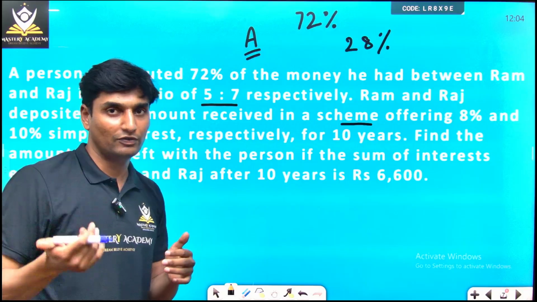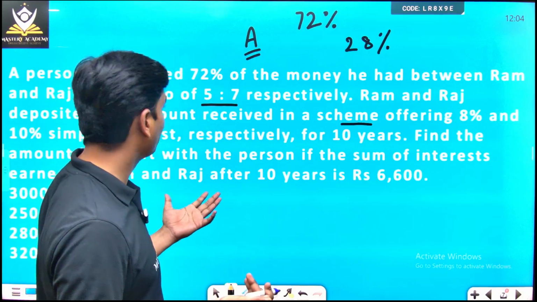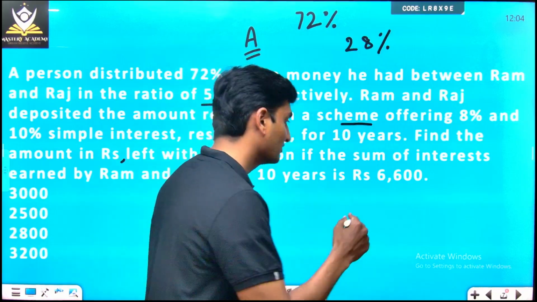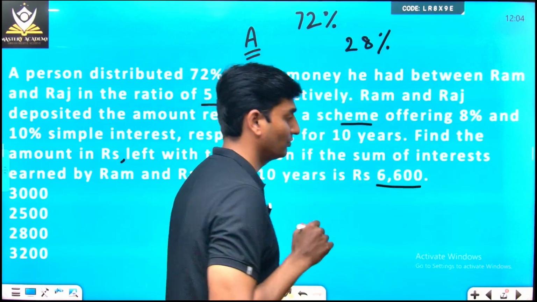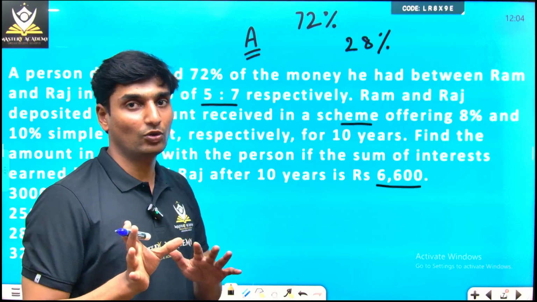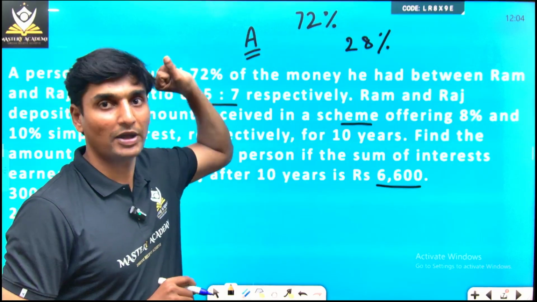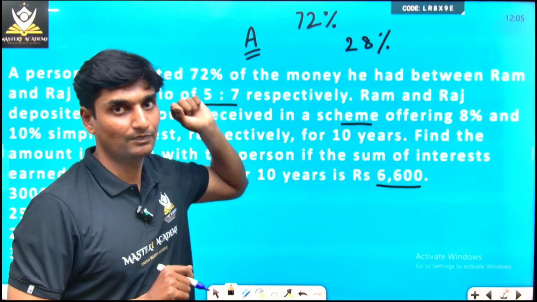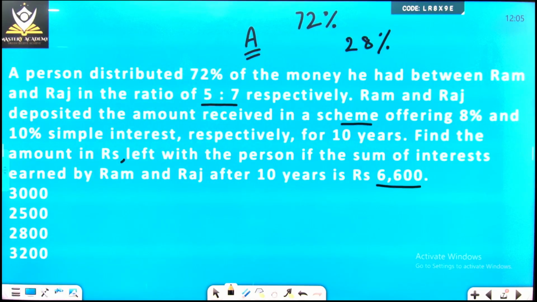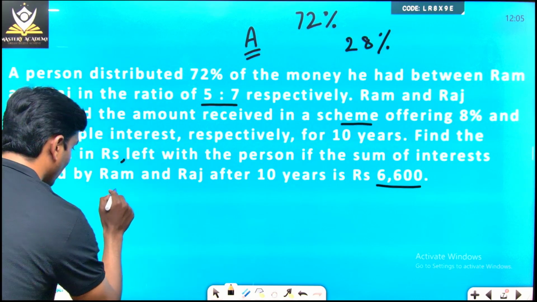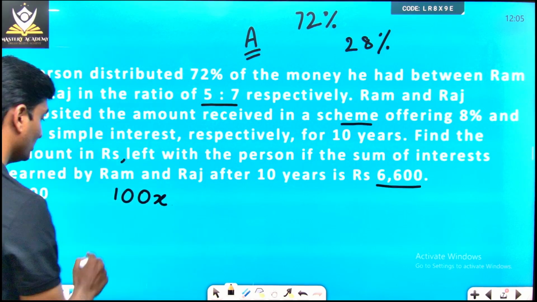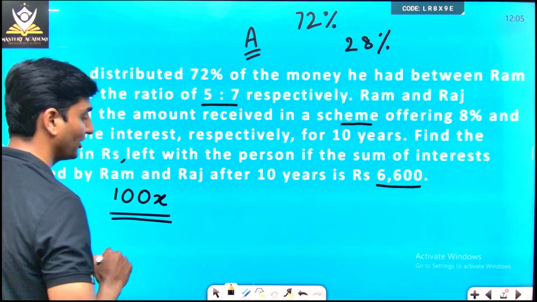So after a period of 10 years, the sum of the simple interest that Ram and Raj are both getting has been given to be 6,600. If that is the case, how much amount was left with this man A, who gave the money? Here we do not know the initial investment of the person A. So we have to assume, I am going to take the initial investment to be 100x.